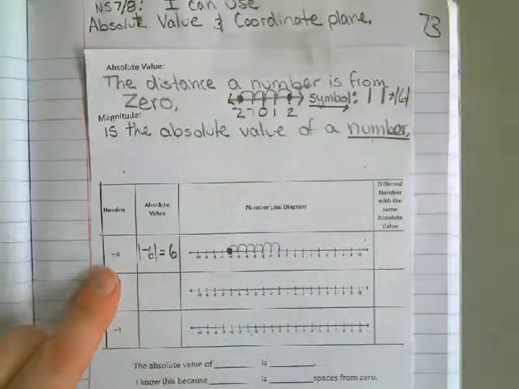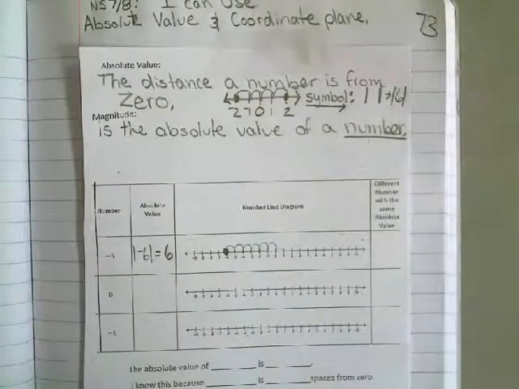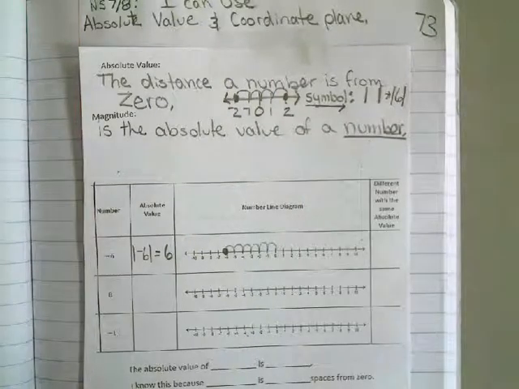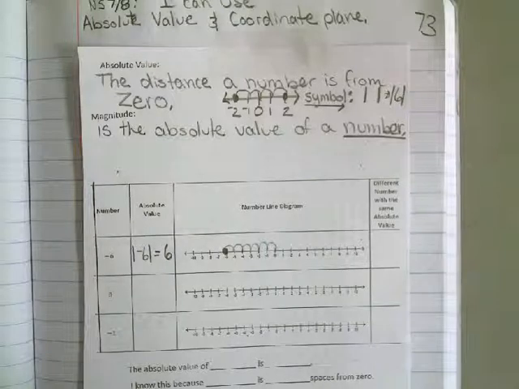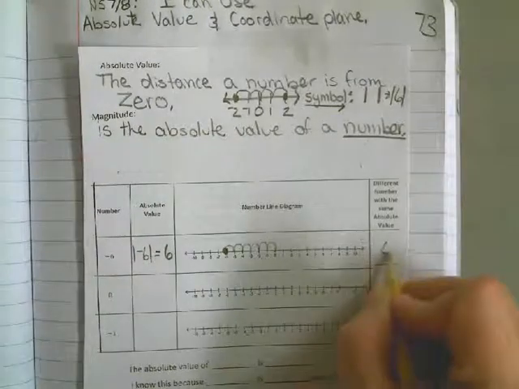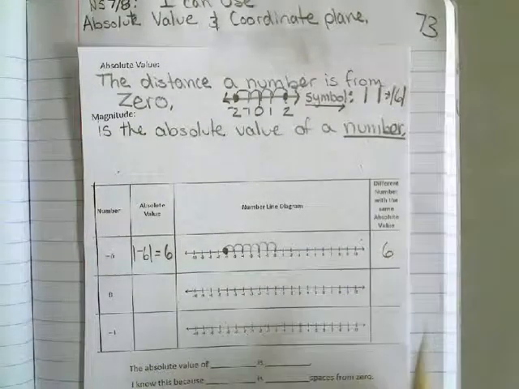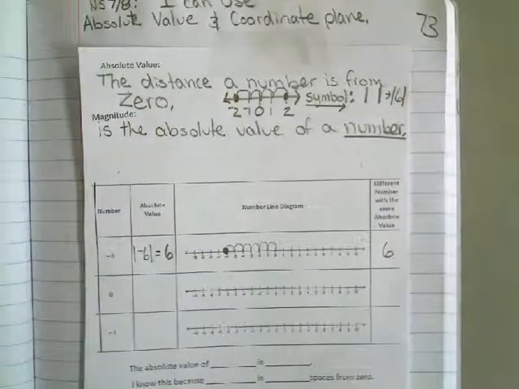Now, can you think of another number that would have an absolute value of 6? That would be 6 spaces, different than -6? Josh? 6. Yeah, 6. Over here, 6 is 1, 2, 3, 4, 5, 6 spaces from 0. So 6 and -6 have the same absolute value.